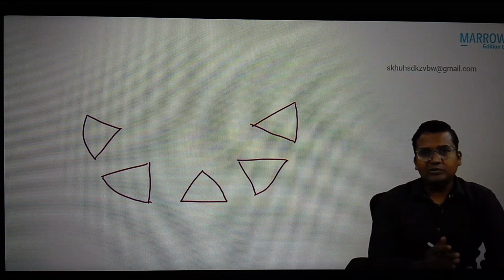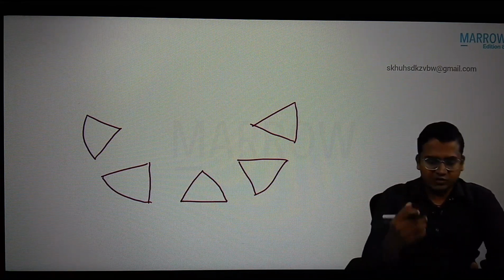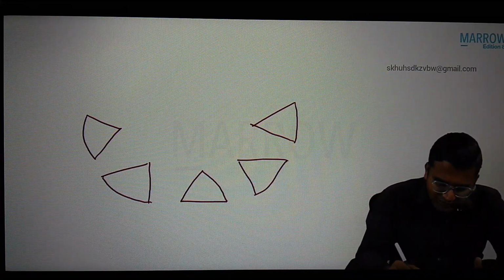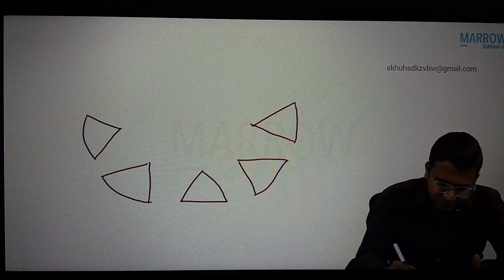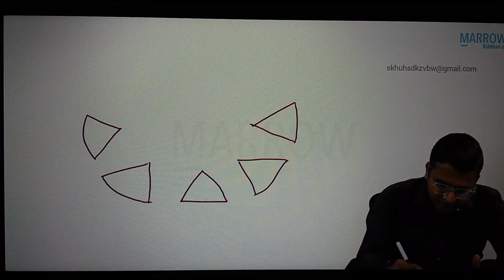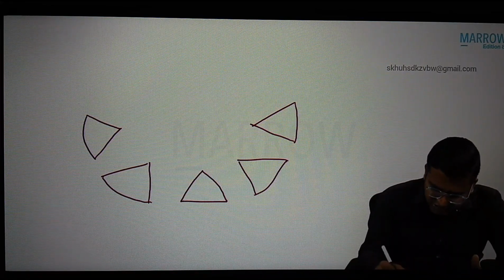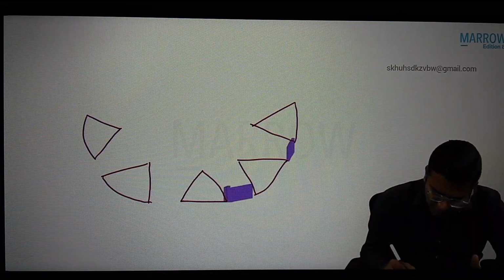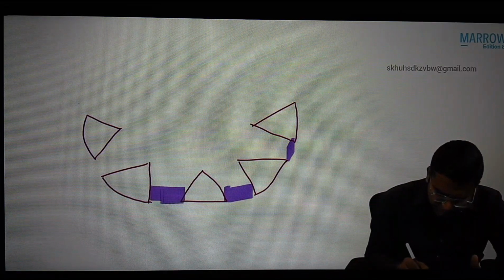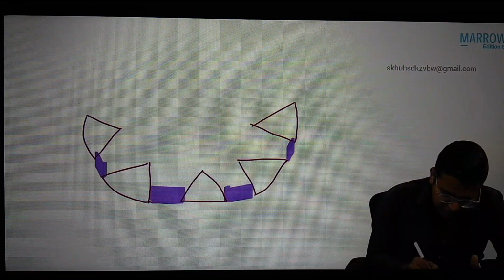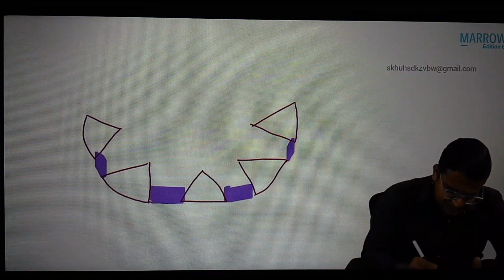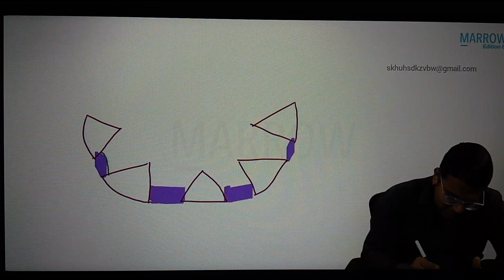Now between the metacarpal bones, the interosseous muscle will take origin. So now to this diagram, we're going to add the interosseous muscle. The interosseous muscle is present between the metacarpal bones, and it is covered by some fascia here.